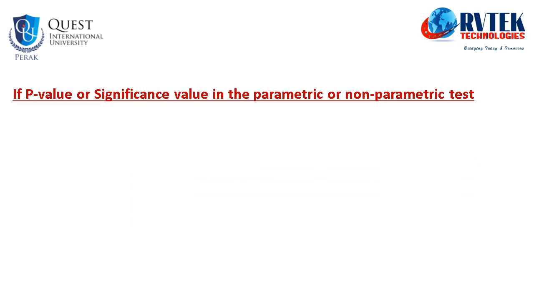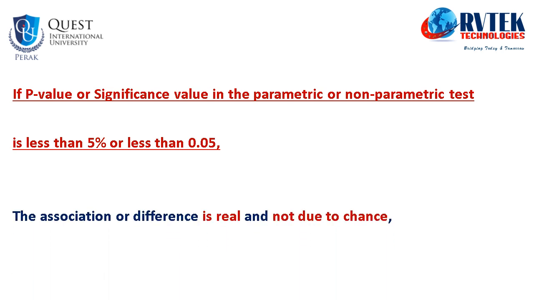If the p-value or significance value in the parametric or non-parametric test is less than 5% or less than 0.05, then the difference or association is real and not due to chance. Okay, so I will repeat once again. P-value is the probability to get the association or difference due to chance alone. So if the p-value is very high, it is due to chance.